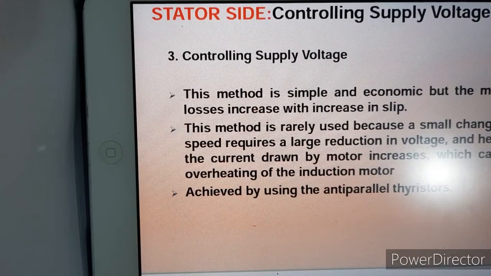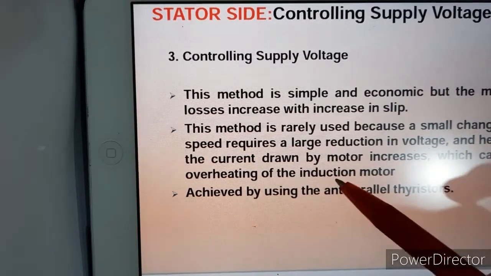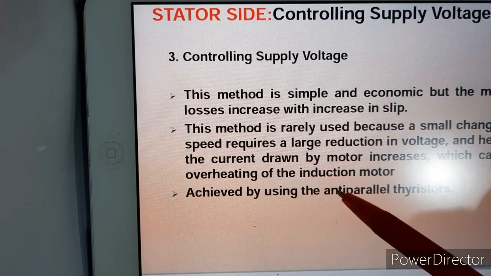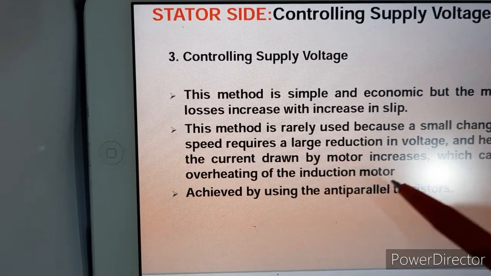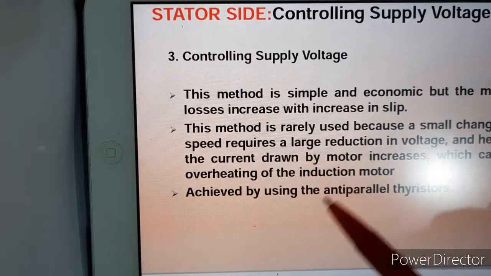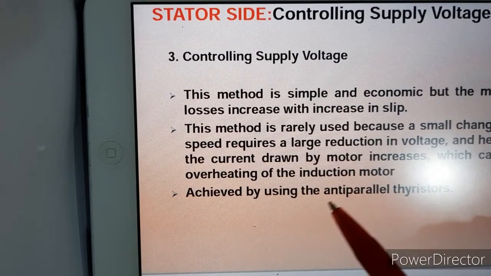This method is rarely used because a small change in speed requires a large reduction in voltage, and hence the current drawn by the motor increases. So remember, if the voltage is low, the current is higher, which causes overheating of the induction motor. The overheating is because of the increase of the current, so it will make our coil overheat.